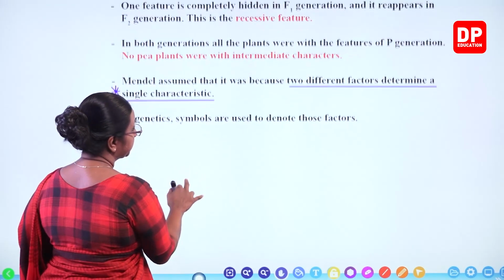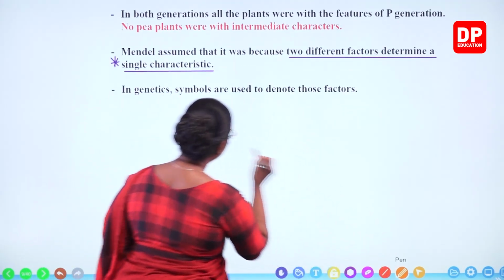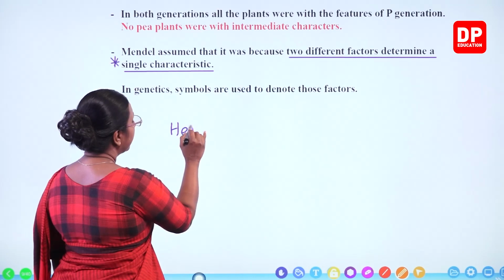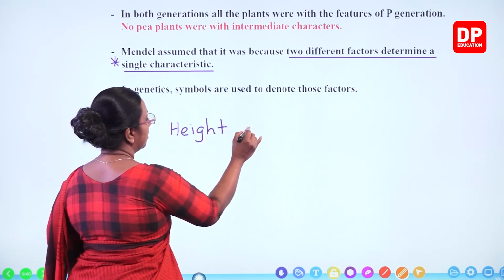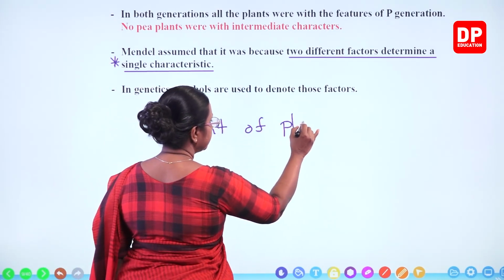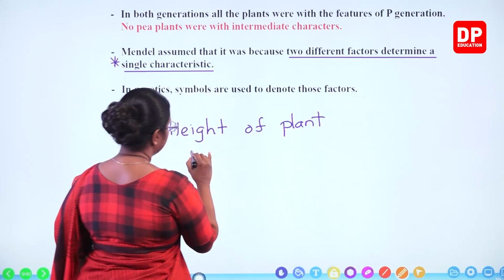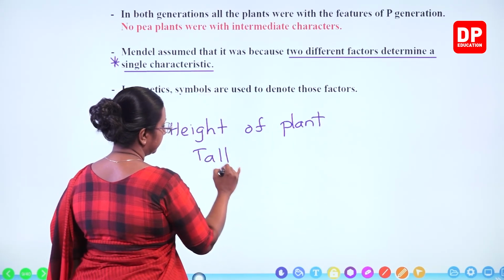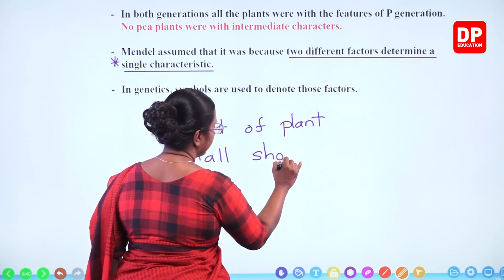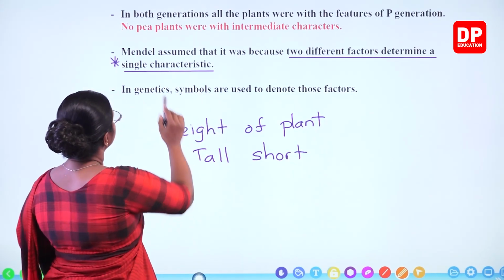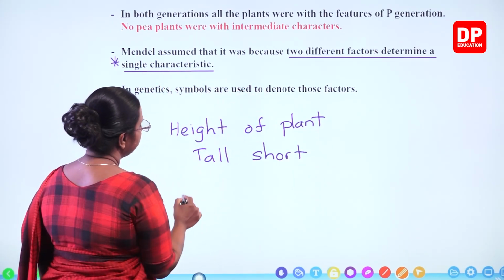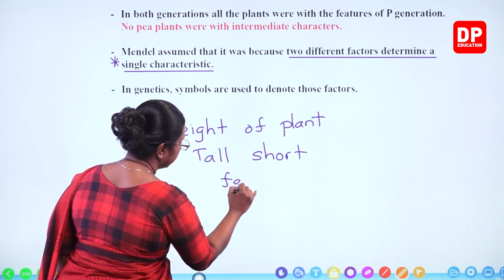That is this. Now when we say height of plant, tall is one character, short is one character. So he assumed two different factors. So these are the factors.